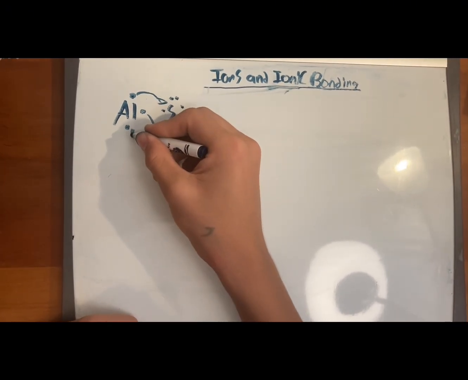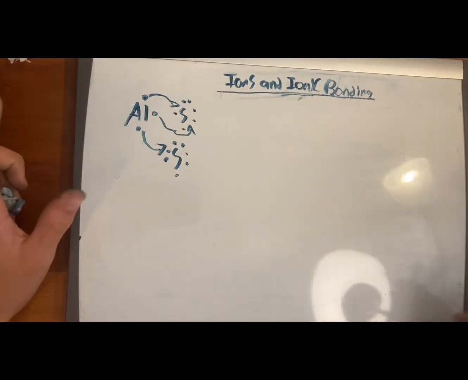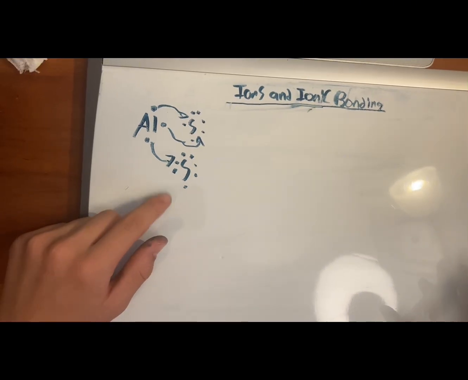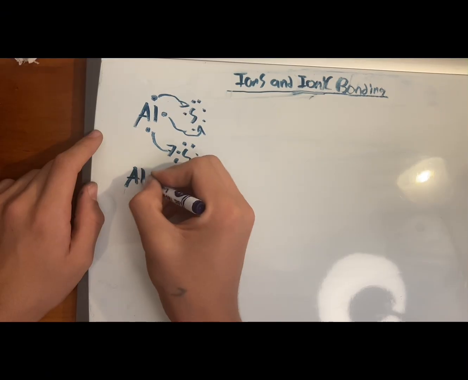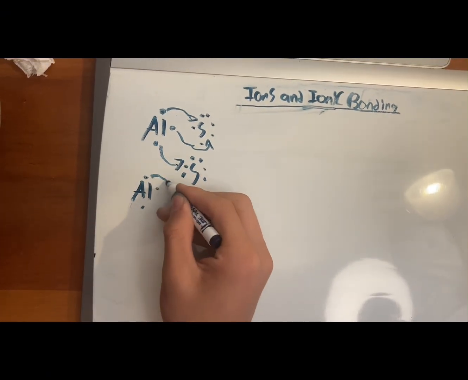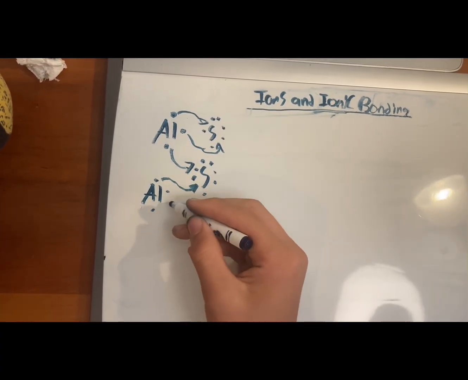This gives another one to sulfur. And then aluminum is satisfied, but we need more because sulfur doesn't have its 8 valence electrons. So we need to bring in another aluminum. Aluminum gives this to sulfur. However, we're still left with 2 more.